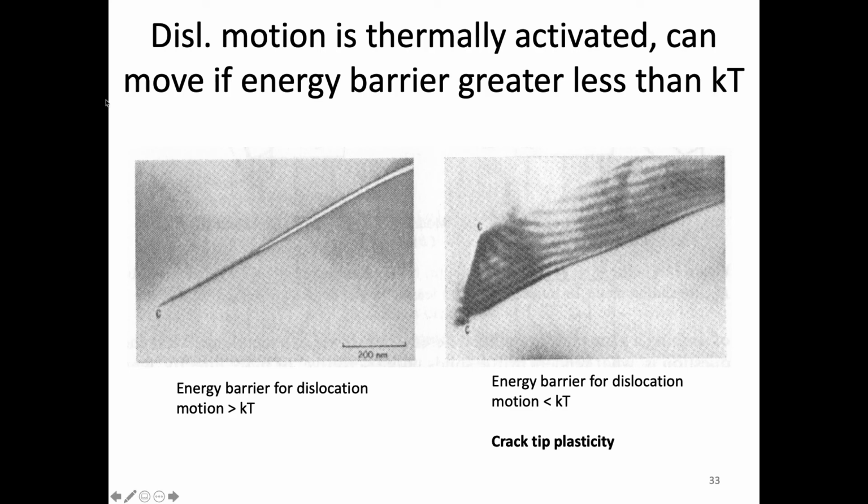But that dislocation motion is also thermally activated, and so it's very hard to move dislocations at room temperature in ceramics. But if you give it enough energy, then that can be the case. So this is showing that we have a dislocation, and nothing really happens to it. But here we have a dislocation, and then we do actually have some plasticity around the crack tip.